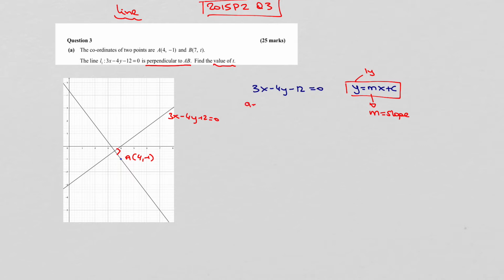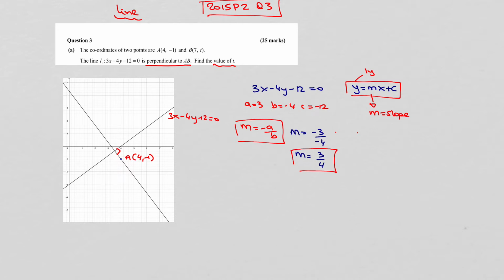Or you can say a is 3, b is minus 4, and c is minus 12, and the slope then will be minus a over b. So either way will get you your slope. So in other words, m must be minus 3 over minus 4. So we end up with 3 over 4 for our slope. So that's the slope of the line.